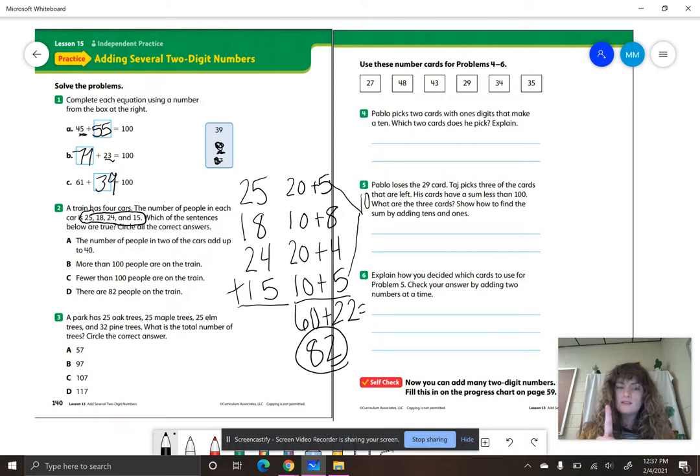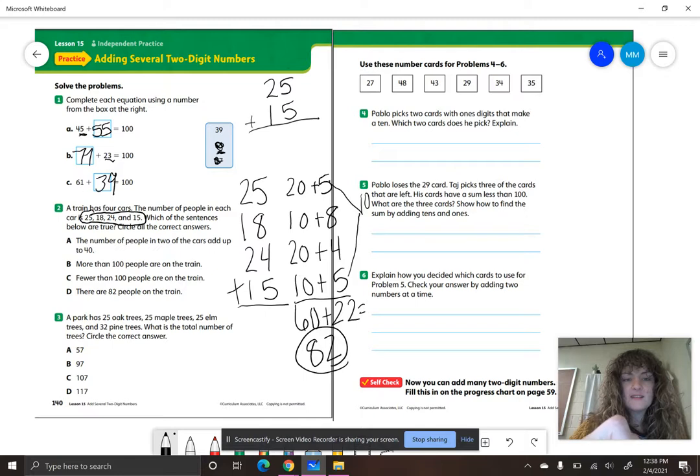But hold on. Let's try one more. Let's see, 25. I'm going to try to add my parts that have groups of ones that can make a 10. 25 plus 15.